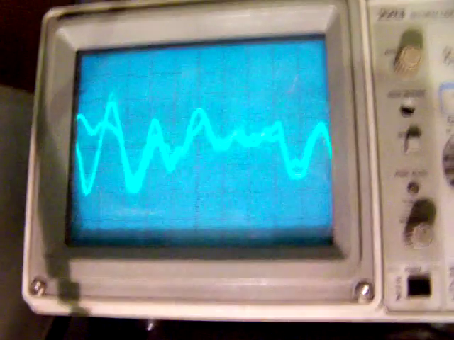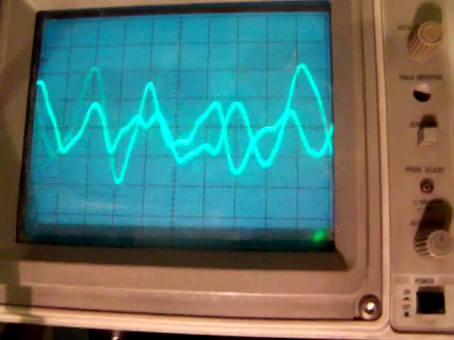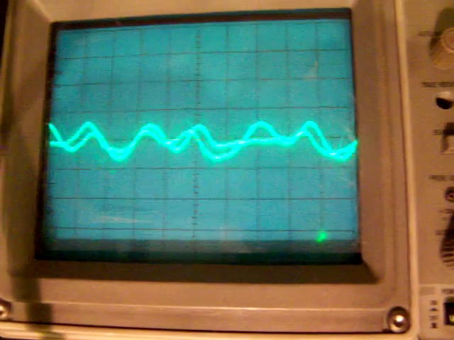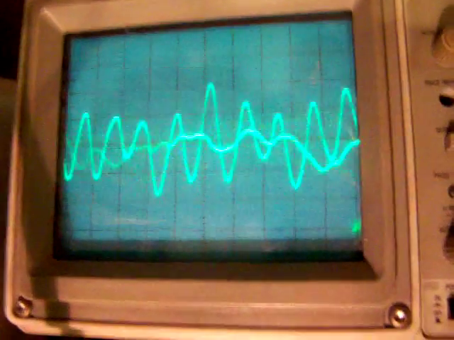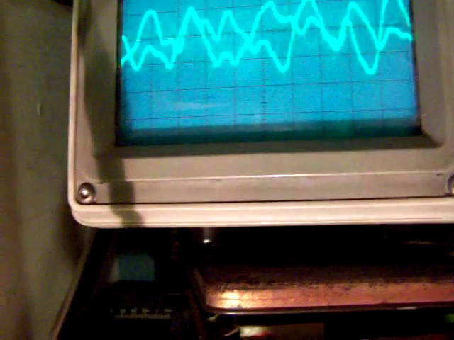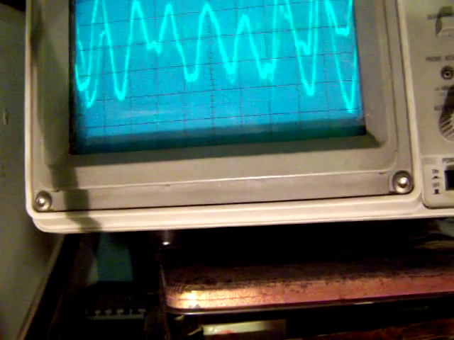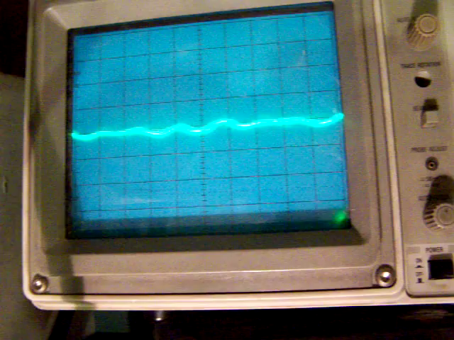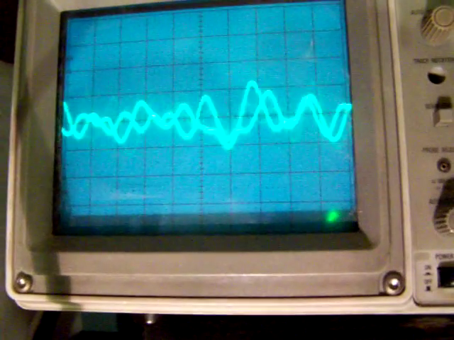This is the ceramic capacitor. Let me first show the oscilloscope views. This is the ceramic capacitor. This is the first small green capacitor.